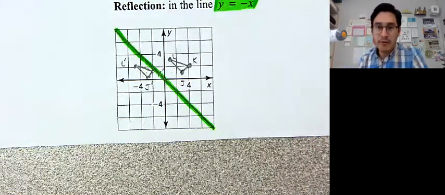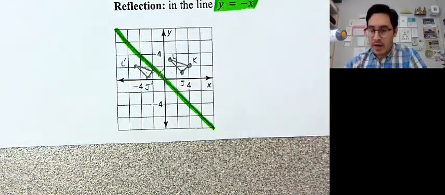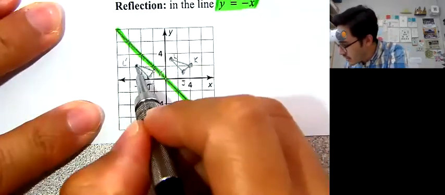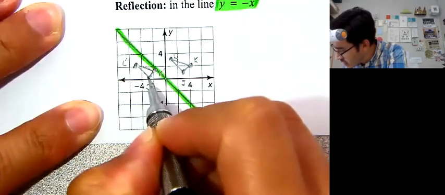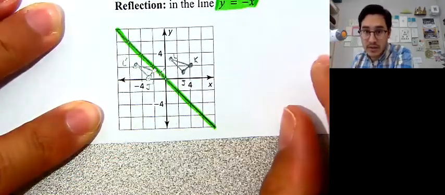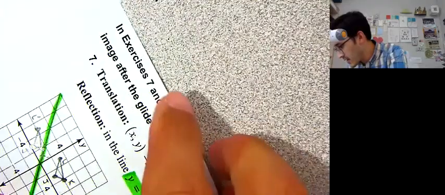I'm going to be folding my paper and then trying to transfer the lead from this point and this point. Again, because the graph is really small, I'm trying to do my best.